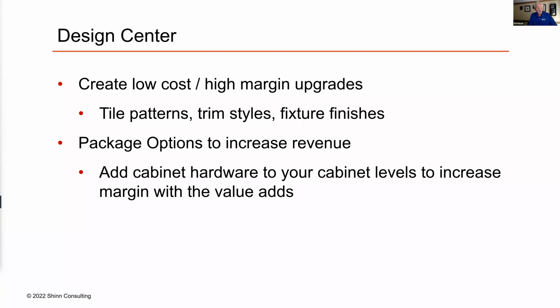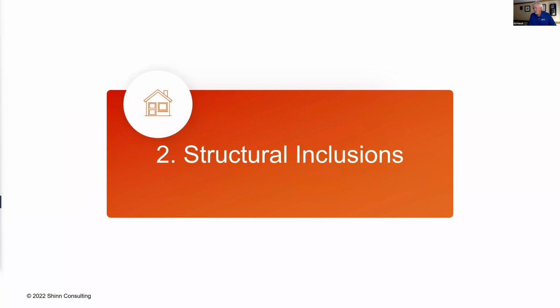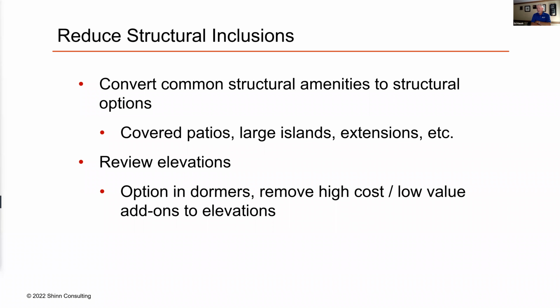The next piece, really, and I think in the last couple years, with escalating prices going crazy, we just got crazy with what Dave and I call structural inclusions. These are things that builders, as time went on, have just started including. As sale price has risen, it's very easy to say, let's include this.